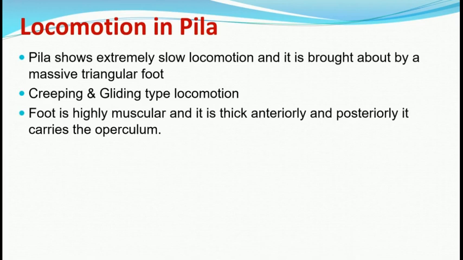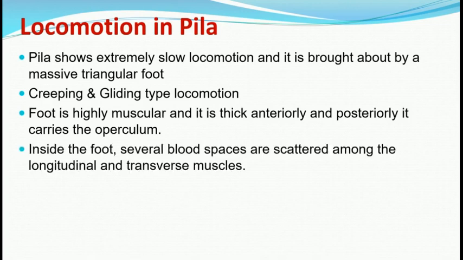So we have seen the structure of the operculum which closes the shell when the animal comes across any predators. Inside the foot, if we see the structure of the foot, there are several blood spaces which are scattered among the muscles.